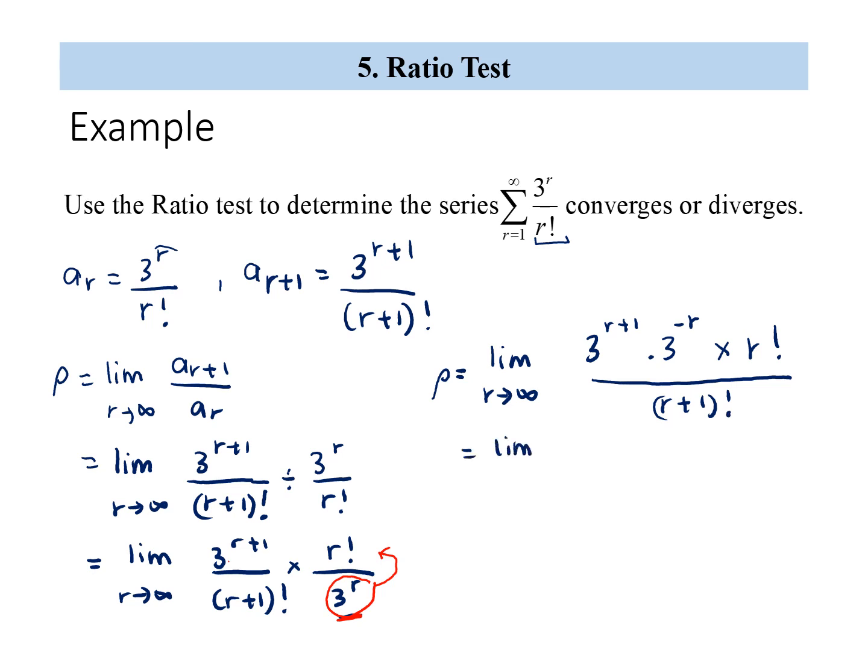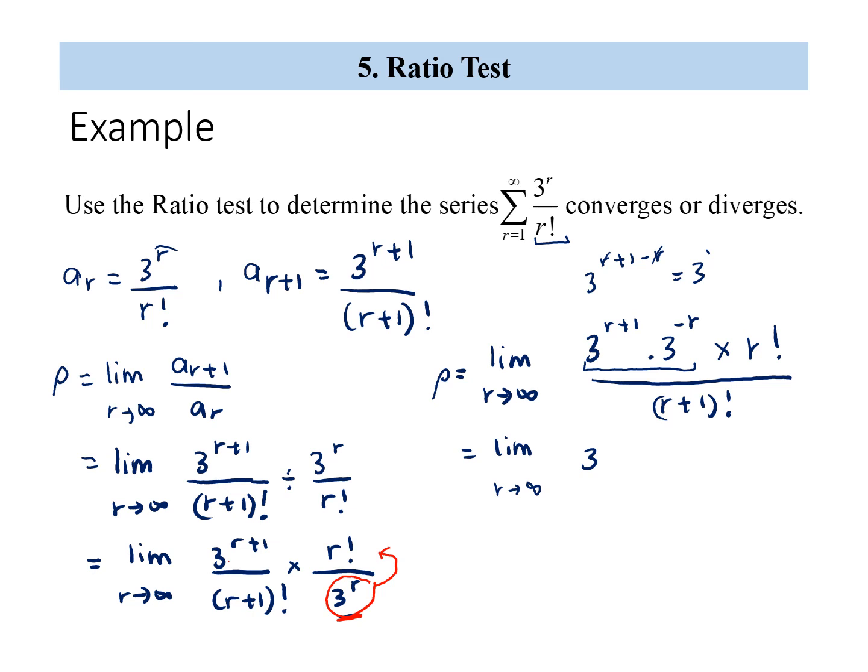Now I try to solve the first part, where this becomes 3^(r+1-r). So the final answer will be 3 to the power of 1, so what is left is 3.